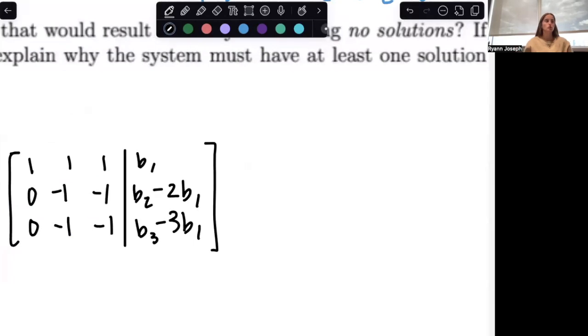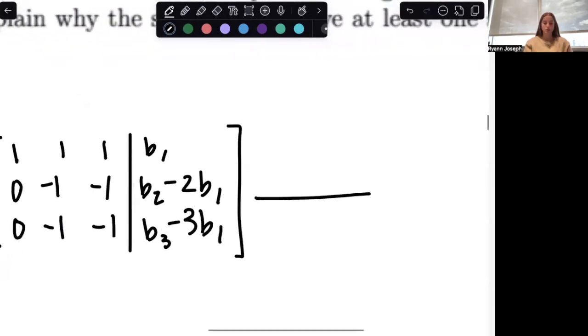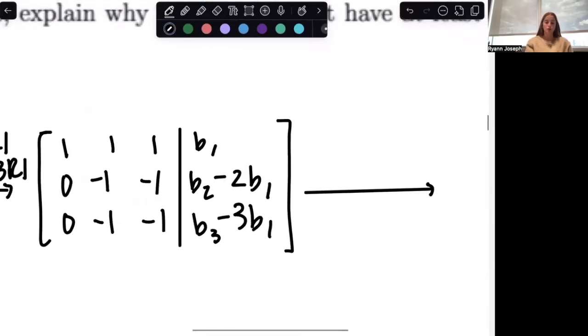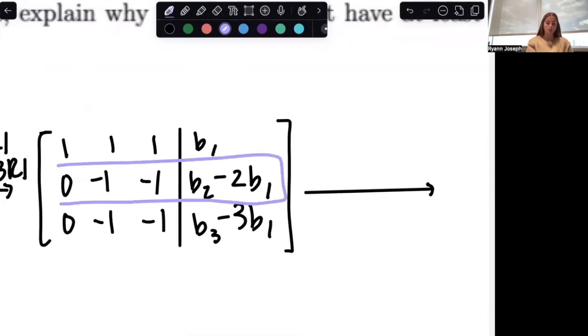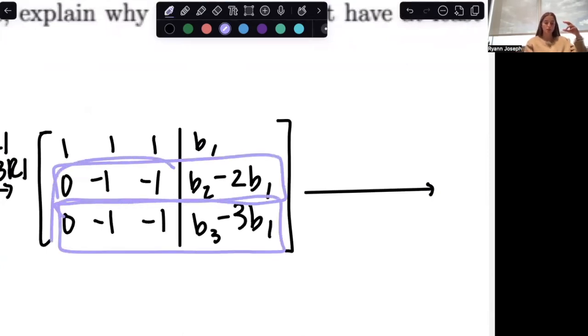I want to make the second row have that leading 1 in there because I can see, looking at this, that just from A, row 2 and row 3 are multiples of each other. They both represent the same thing, even with the thing on the right-hand side being different.